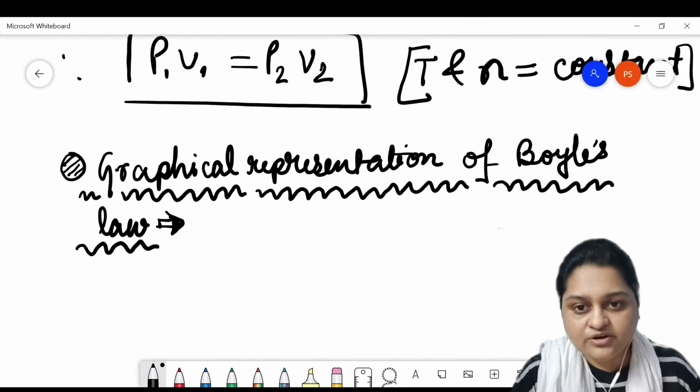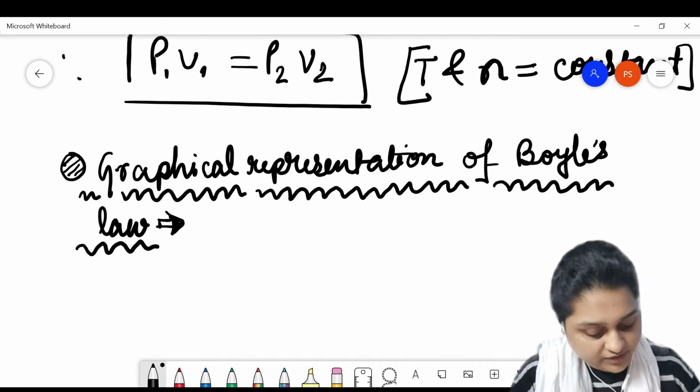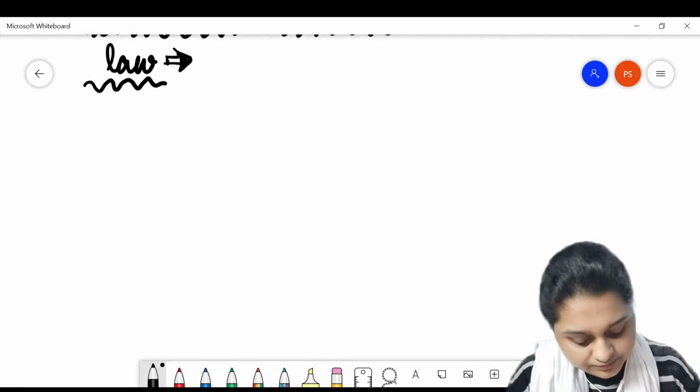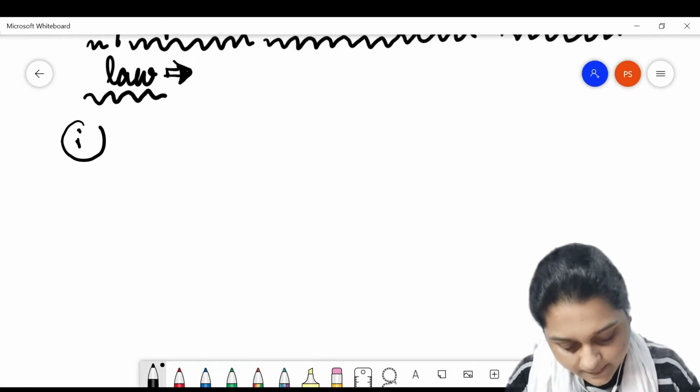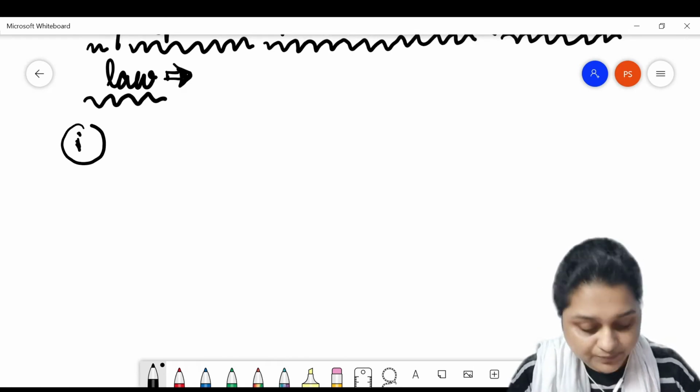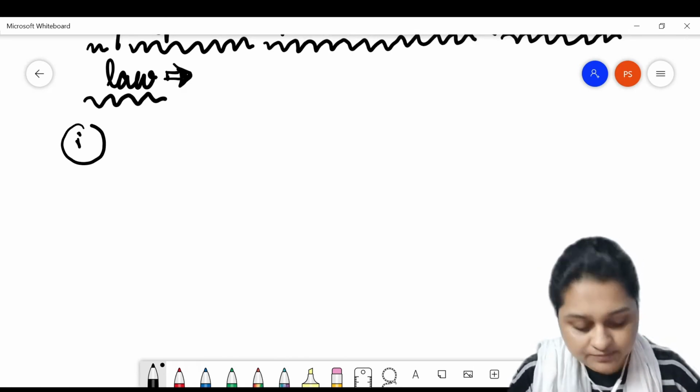Boyle's law can also be explained on the basis of graphs. Now, let's try to establish a graphical plot of P versus V for Boyle's law.